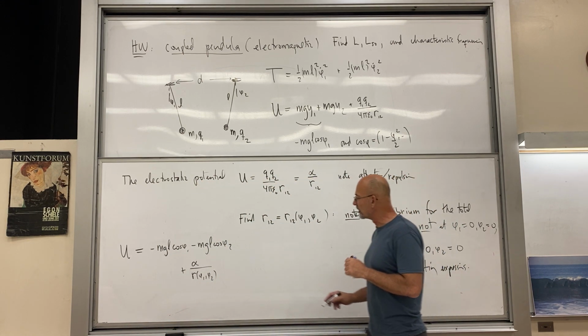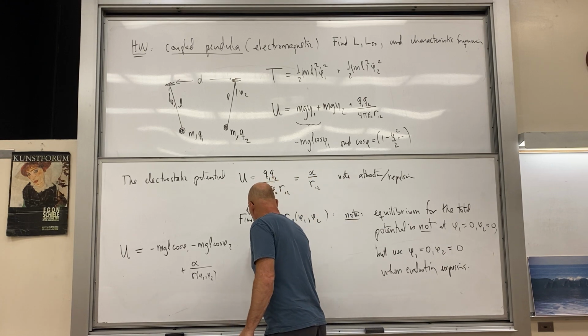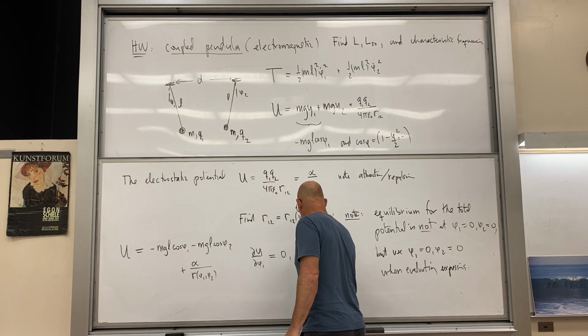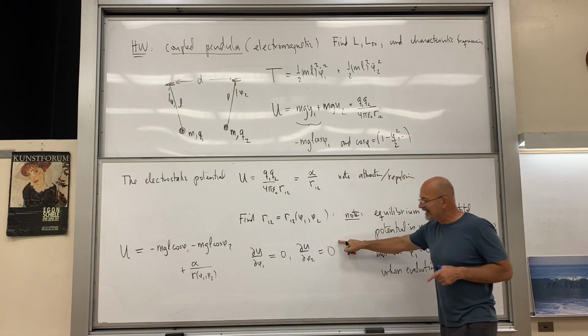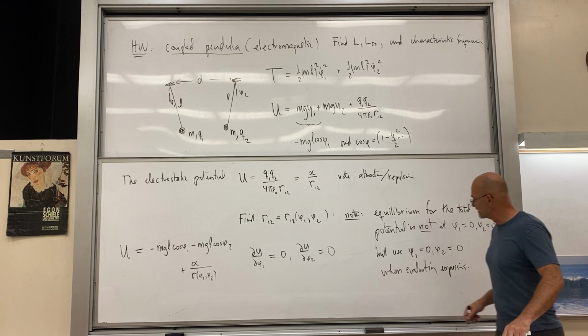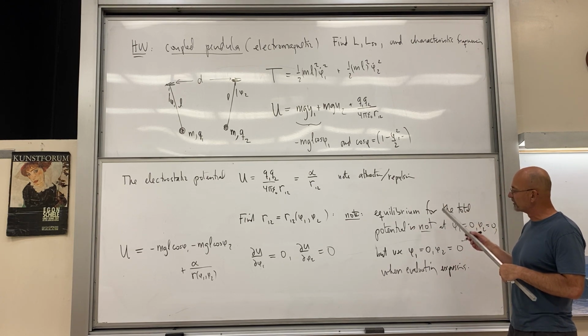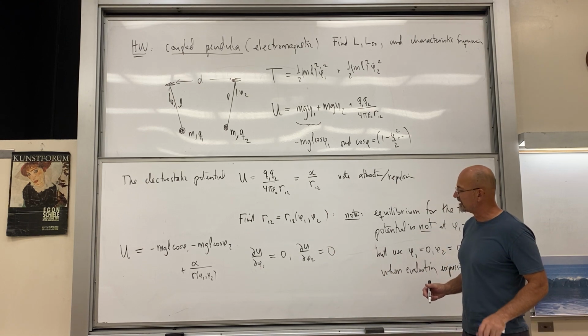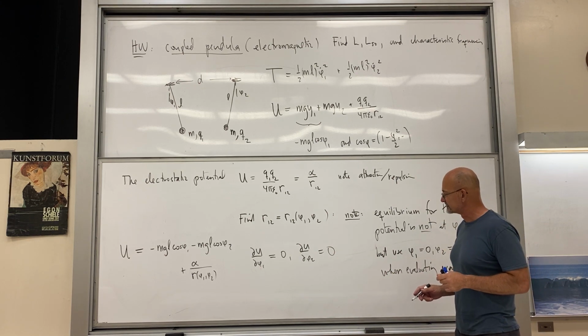What we're looking for is this: du d phi1 equals 0, du d phi2 equals 0. This is your equilibrium. Okay. And I just discussed how you're not actually going to find it exactly at phi1, phi2 equals 0. You'll find it at something close to that.